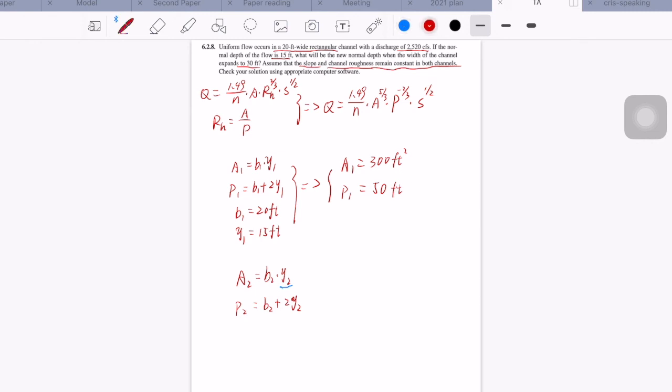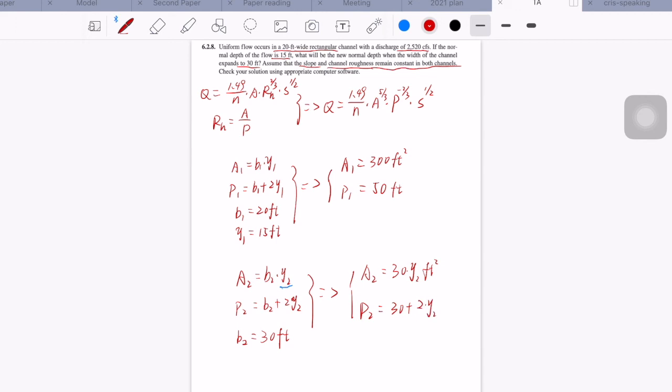And from the problem, we also know B2 equals 30 feet. So we can determine that A2 equals 30 times Y2 square feet, and P2 equals 30 plus 2 times Y2 feet.